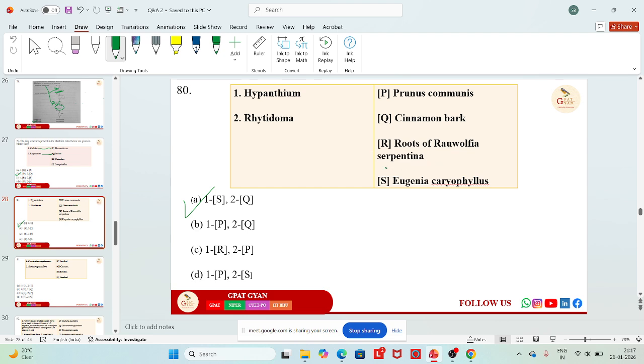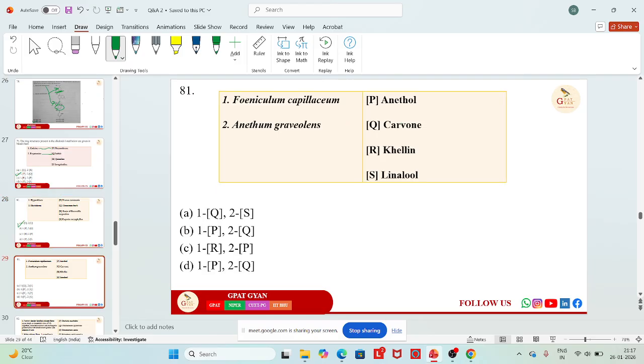Roots of Rauwolfia serpentina does not contain any of them, and Prunus amygdalus or communis does not contain. So hypanthium is for Eugenia and rhytidoma for cinnamon bark.